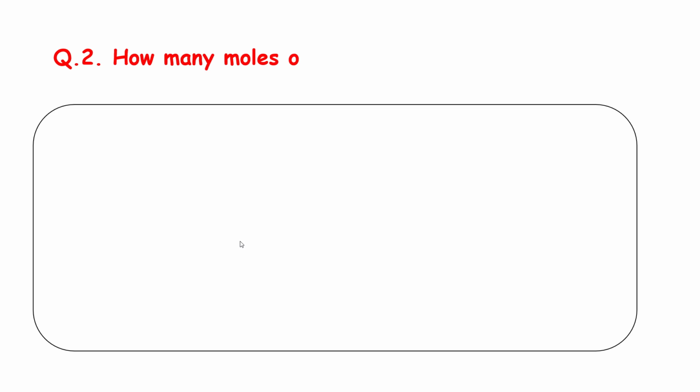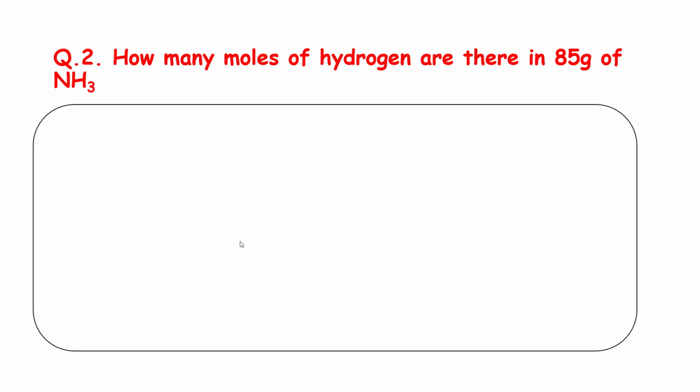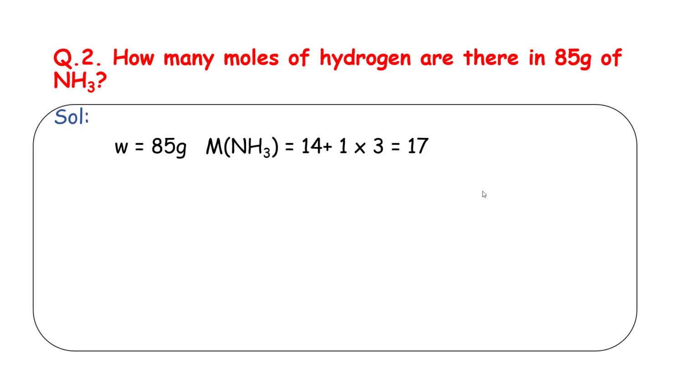Now moving on, if I give you a question, how many moles of hydrogen are there in 85 grams of NH3? Again what is given over here is 85 grams, meaning mass in grams, that is W is given to you as 85 gram, and capital M of NH3 can be calculated this way. Atomic mass of nitrogen is 14 and atomic mass of hydrogen is 1, and since 3 atoms are there, 1 into 3, that comes as 17. Now again applying formula, n is equal to W by M, the value comes as 5 moles.